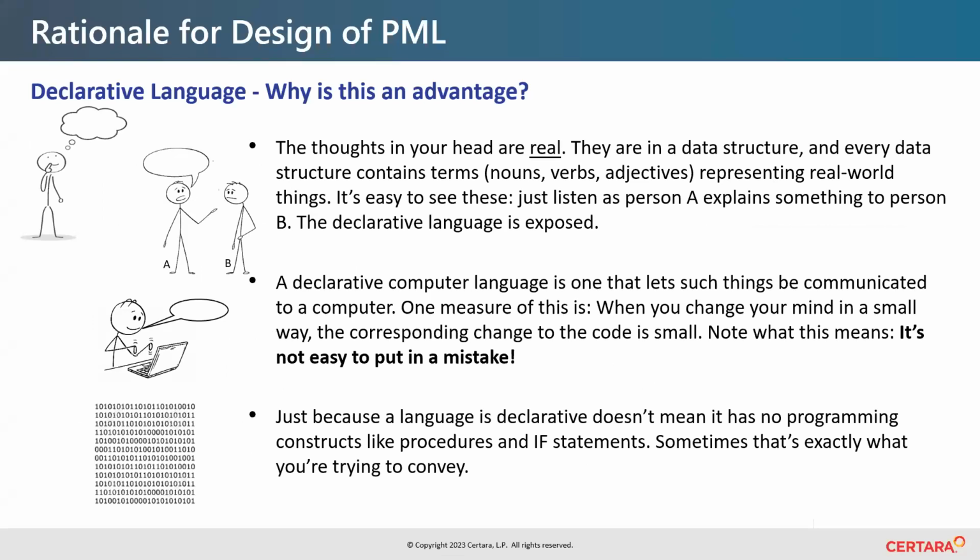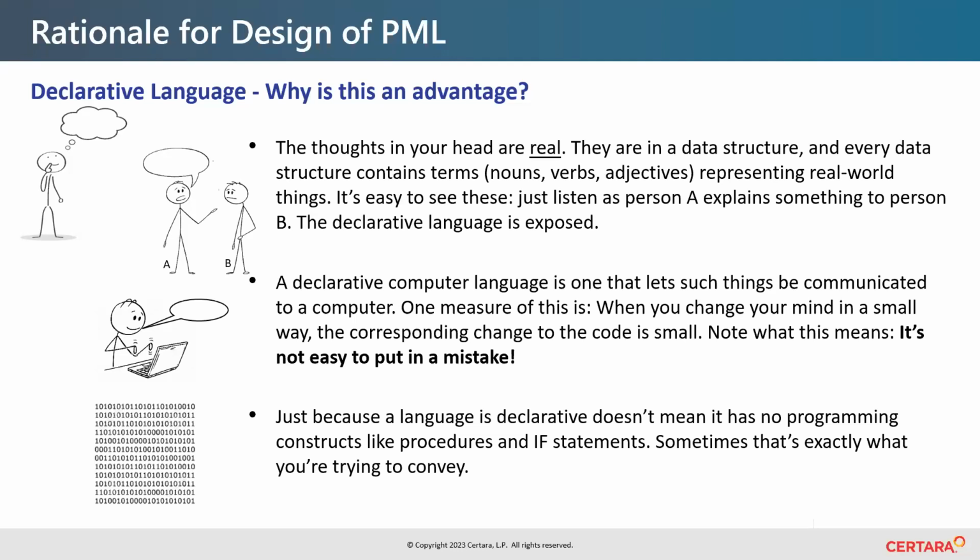Okay, so let me digress a little bit about what makes a declarative language valuable. There are thoughts in your head, and they are real. They are in a data structure, and every data structure contains nouns, verbs, and adjectives that represent real-world things.